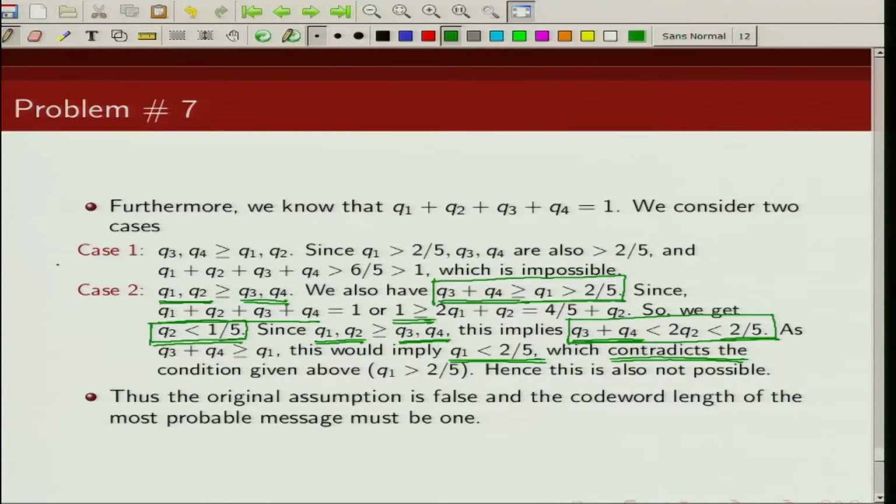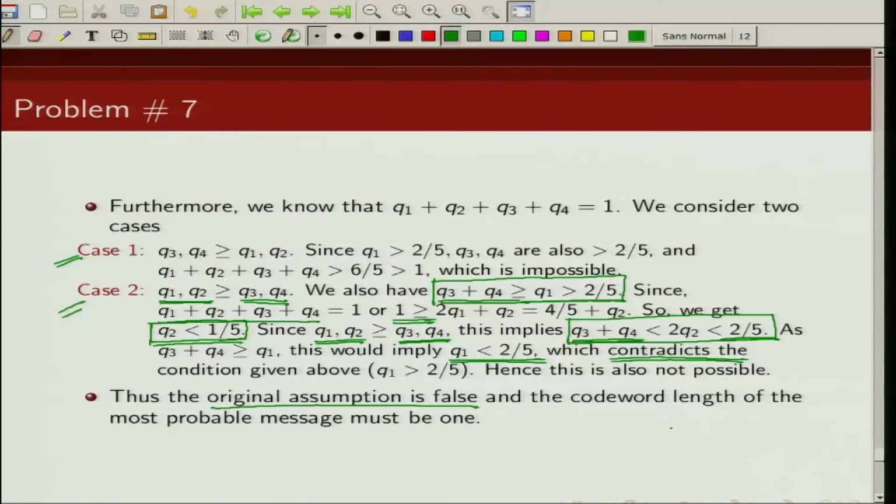So since we have considered all possible cases, we know that it is not possible for a message symbol with probability greater than 2 by 5, and if that is the only message symbol with that probability, it is not possible for this message symbol to have a code word greater than length 1. So since the original assumption is false, by method of contradiction we know that the code word length of this message symbol has to be 1.